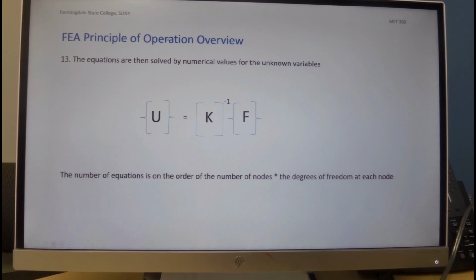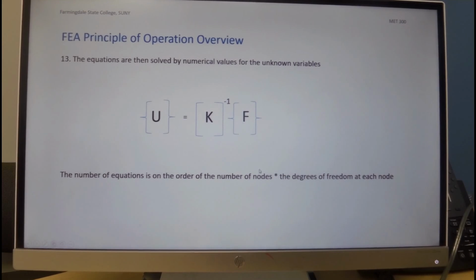We see that the solution for many equations with many unknowns could be rather cumbersome, and the number of equations that we may have to solve is on the order of the number of nodes times the degrees of freedom at each node.